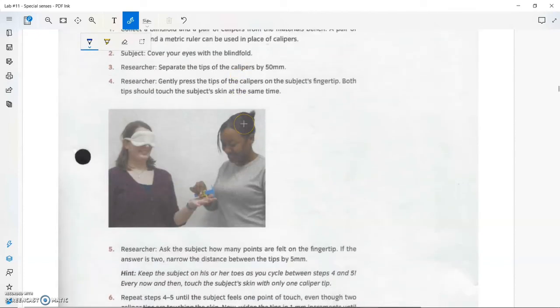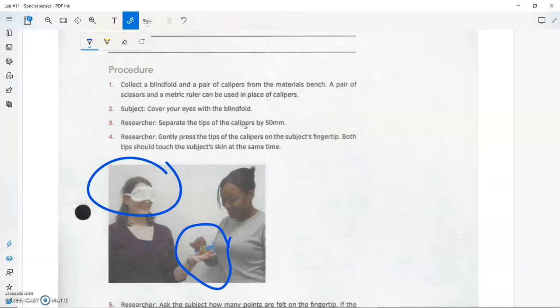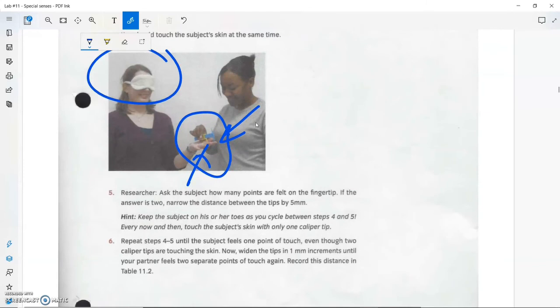The person will be blindfolded, and the investigator will have calipers. Using these calipers, we will move the tips of the calipers closer and closer to each other. When the person stops sensing two tips and starts to perceive them as one, we say that at this point the person cannot discriminate between two different points on the skin.